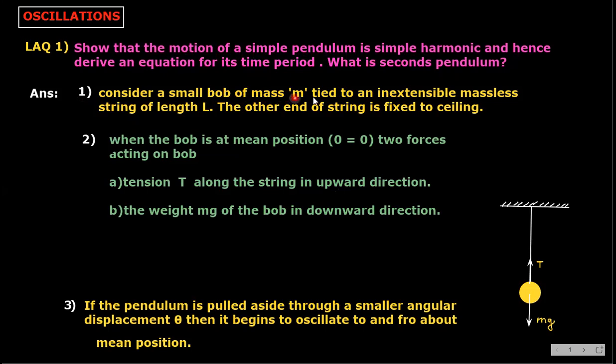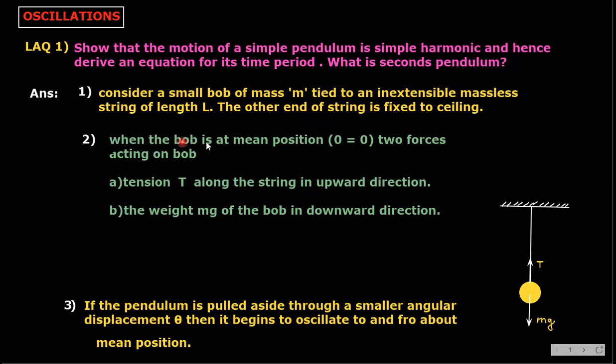Consider a small bob of mass m tied to an inextensible massless string. Inextensible means which will not elongate, and that string mass we are not considering, whose length is L, and the other end of string is fixed to ceiling. You can see here in the diagram, this is the ceiling. One end of the string is fixed to ceiling, other end is fixed to bob, right?